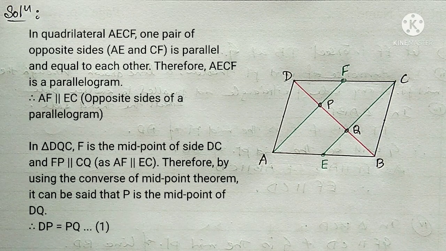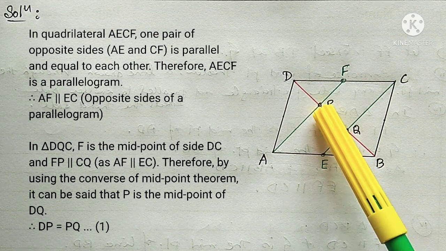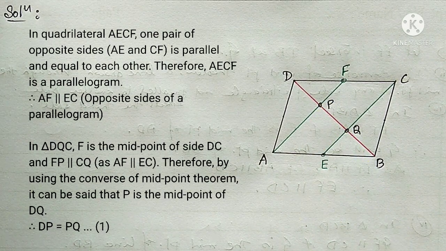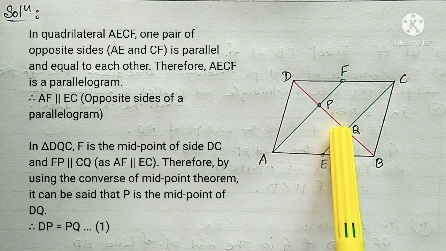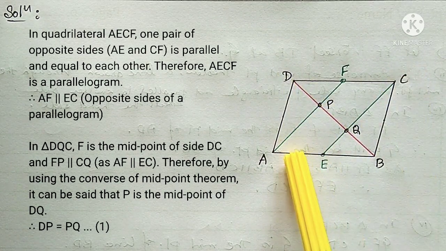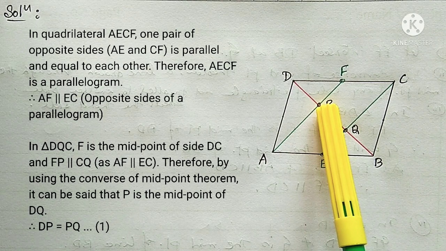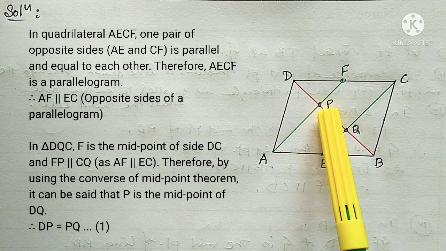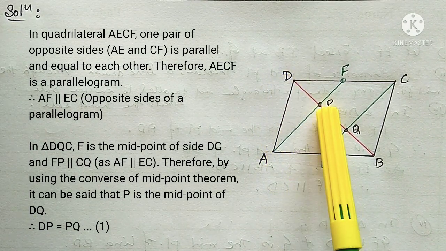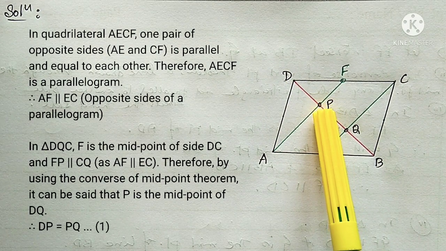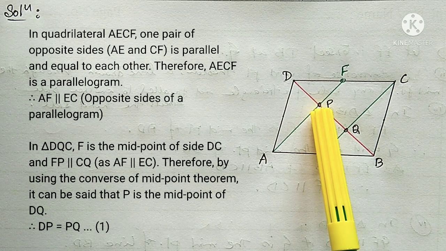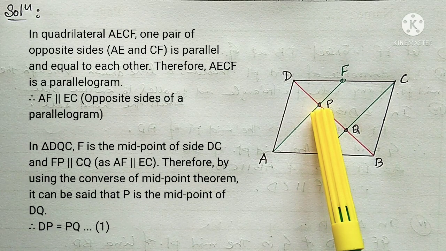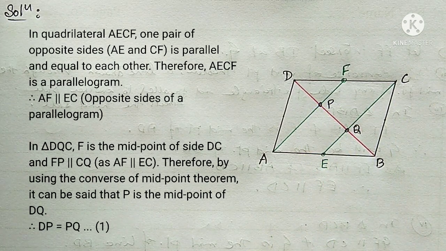By the converse of the midpoint theorem, P is also the midpoint. If P is the midpoint, then in triangle DQC, DP is equal to PQ. Understood? Okay, now we put this one as equation number 1.